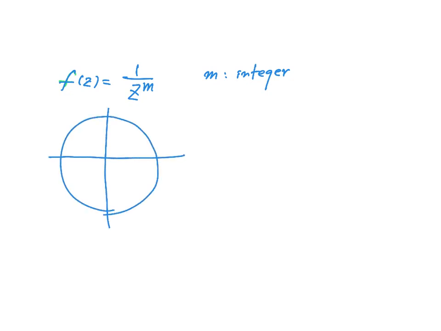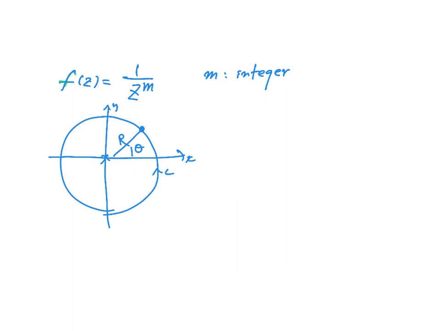Now, how about this? Another counterexample: f of z equals 1 over z to the m, and m is an integer. Say x, y, radius r, this is the curve C, theta.